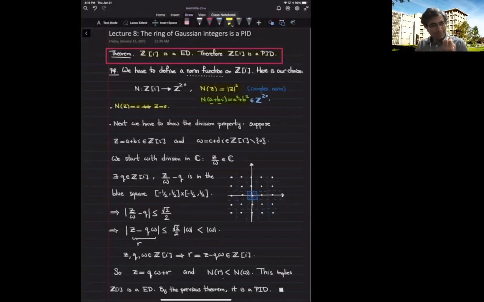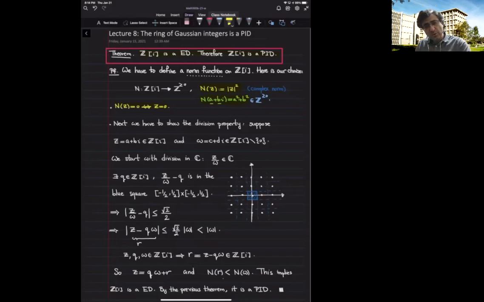Let's go to the more important part, meaning why do we have this type of division property of a Euclidean domain? I am going to give you a pair of elements, a plus bi and c plus di, inside the Gaussian integers, with the assumption that c plus di is not 0, and we want to show that we can find a quotient and a remainder.